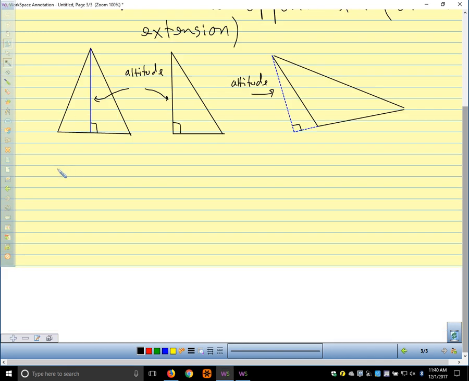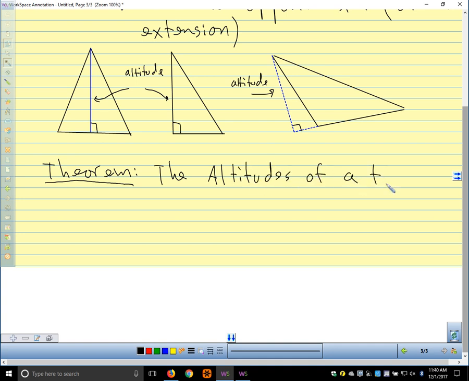All right, so our theorem. Our theorem for the altitudes is that the altitudes are concurrent at a point called the orthocenter.